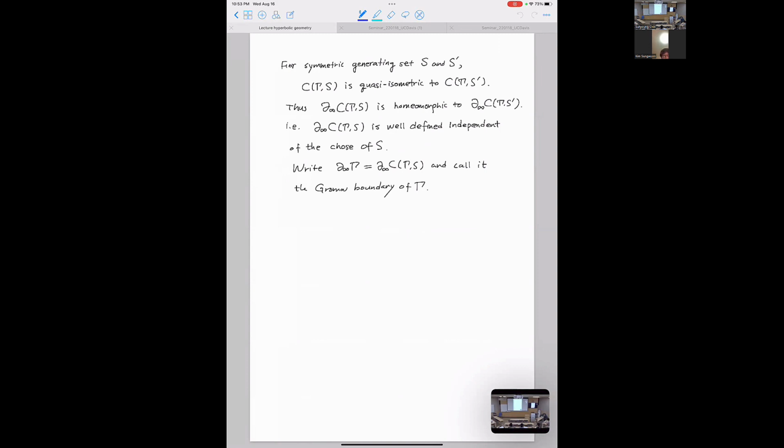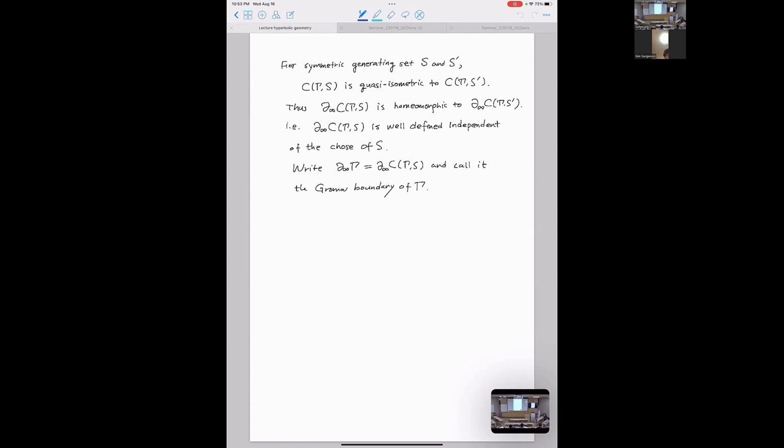Okay, and in the Cayley graph, we need the symmetric generating set, right? But if you change the symmetric generating set, the Cayley graph changes, but the Cayley graphs are quasi-isometric to each other.